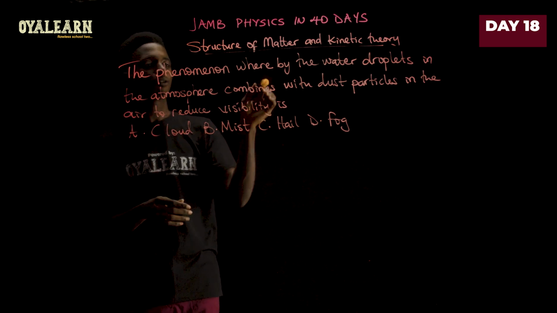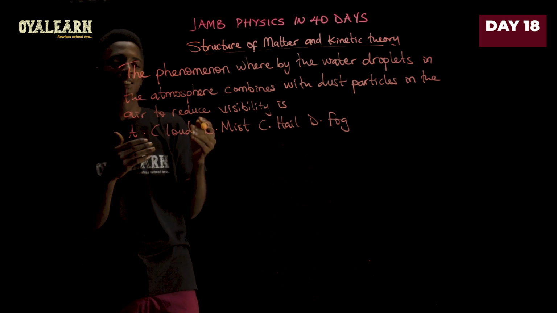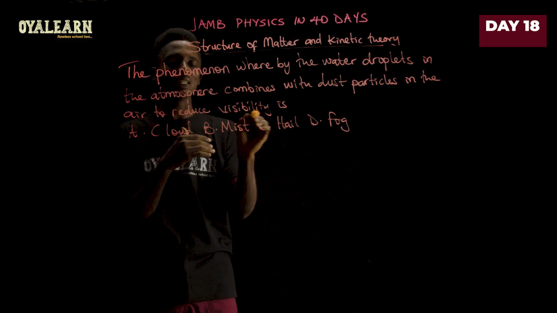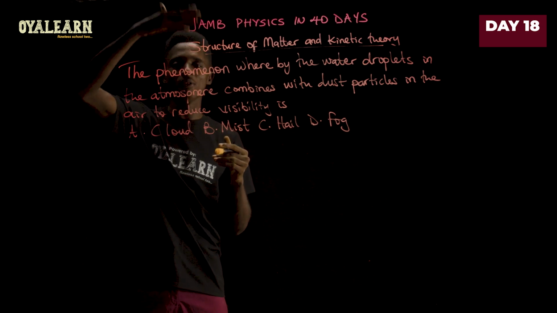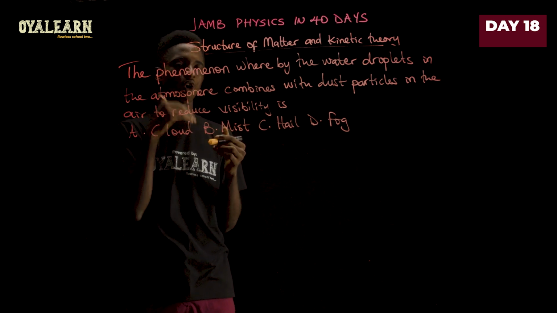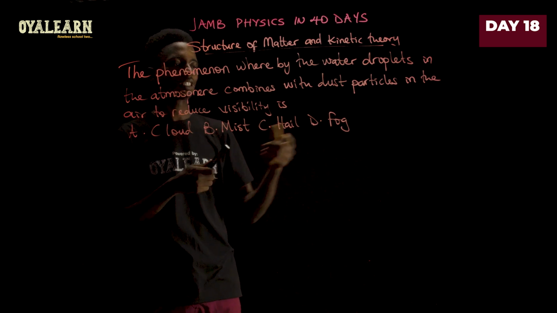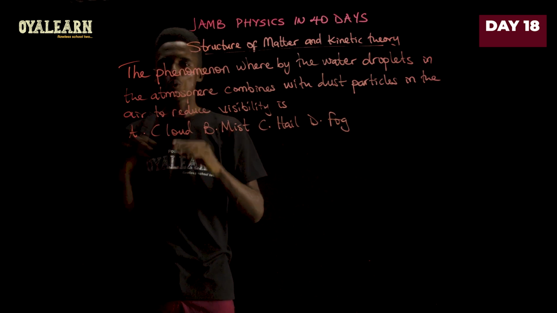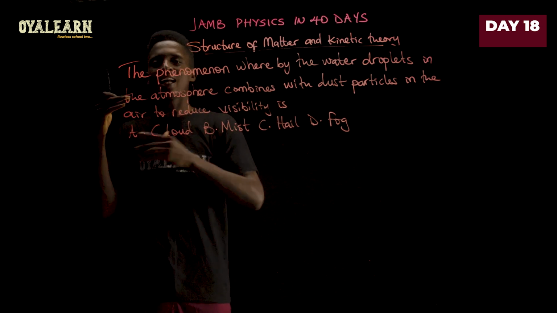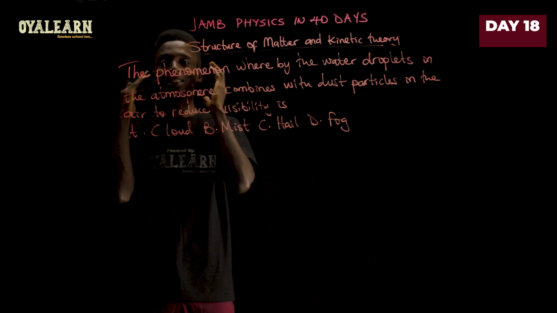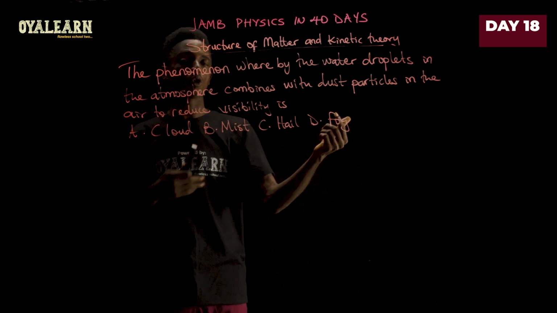So that means that for these cases, we are looking at the one that will cause visibility to be reduced. It has to happen at a level that is at least above the height of a person. So in this case, we are considering fog rather than mist. So what you see, that tiny cloud, the kind of cloud formations you see that covers the atmosphere and makes it difficult for you to see, is what we call fog.